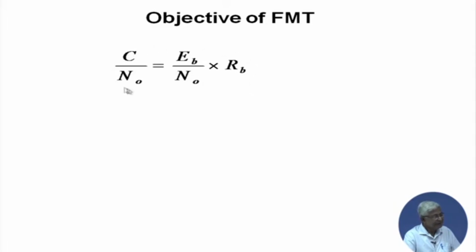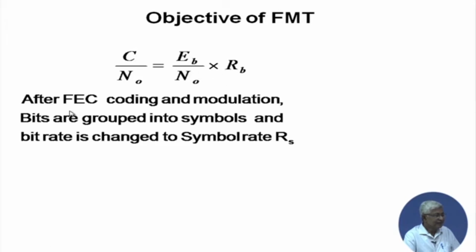You just see C by N naught is C is EB into RB, energy per bit into bit rate. So, EB by N naught into RB. Now, after FEC, that is forward error correction coding, error control coding, which improves the errors, and modulation, bits can be grouped into symbols.